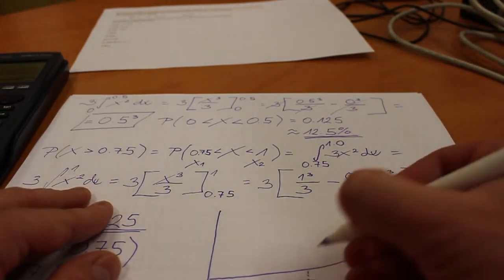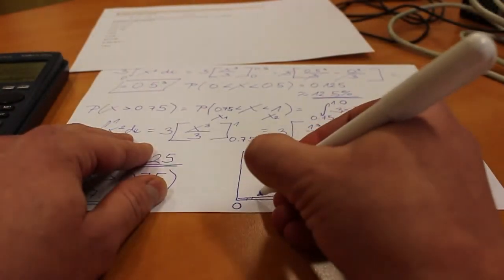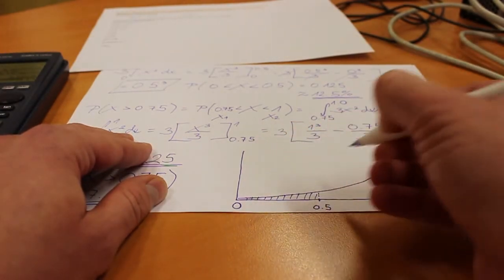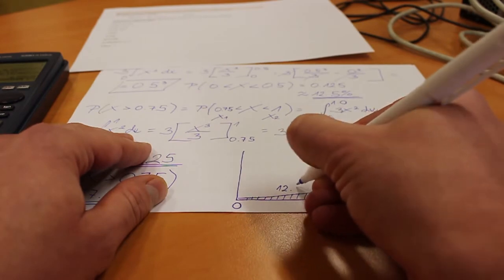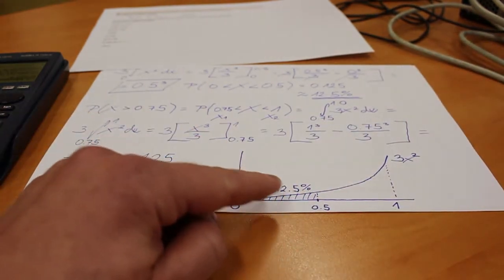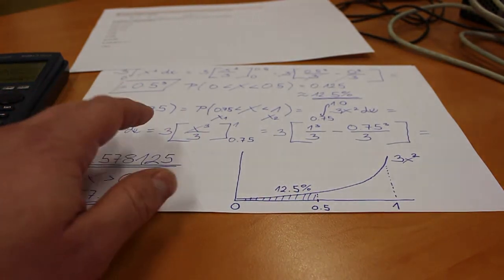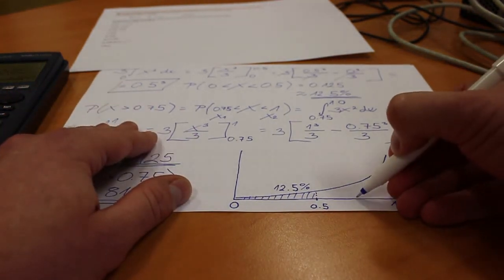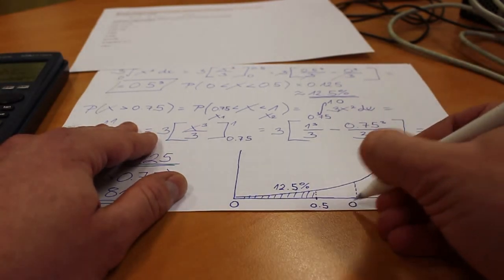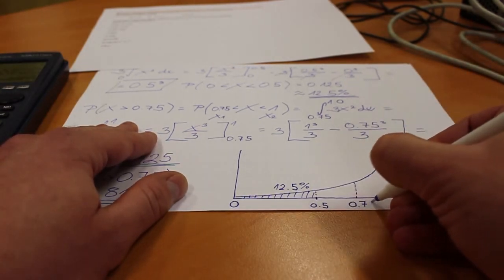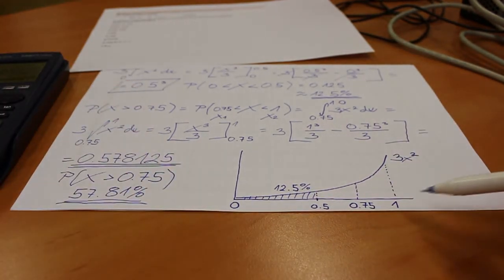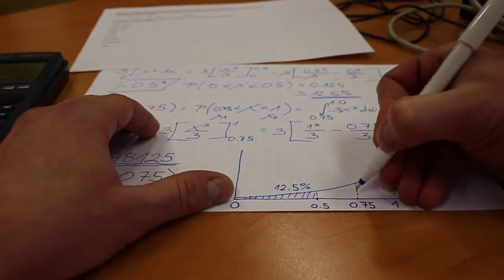12.5%, yes, so this space is 12.5%. Yes, a very small space. And now we calculated the probability that random variable x will be higher than 0.75, but the maximum is 1.